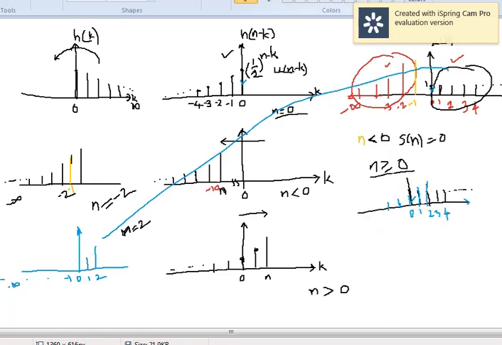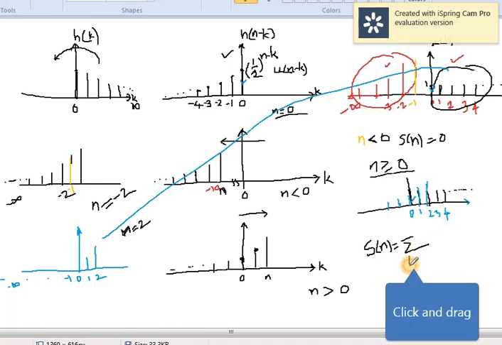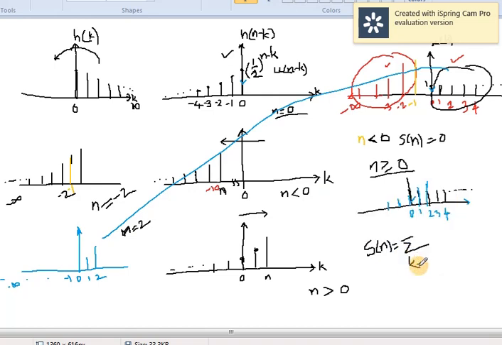So we can write s of n is equal to the summation. The starting limit of the summation is k is equal to 0 because convolution begins from 0, and it ends at 2 here.